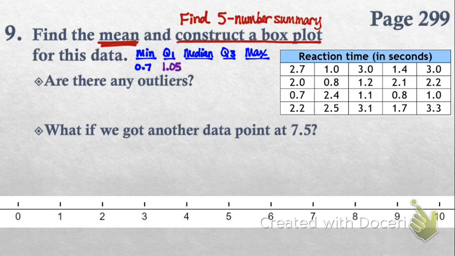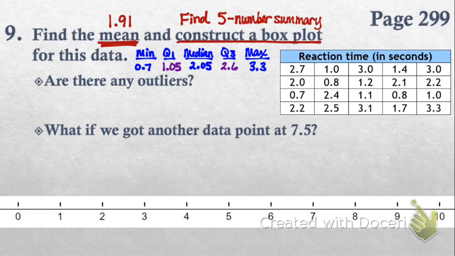The median, the middle value, 2.05. Third quartile, Q3. This one came out to be 2.6, and the maximum was 3.3. The mean of this data was 1.91.